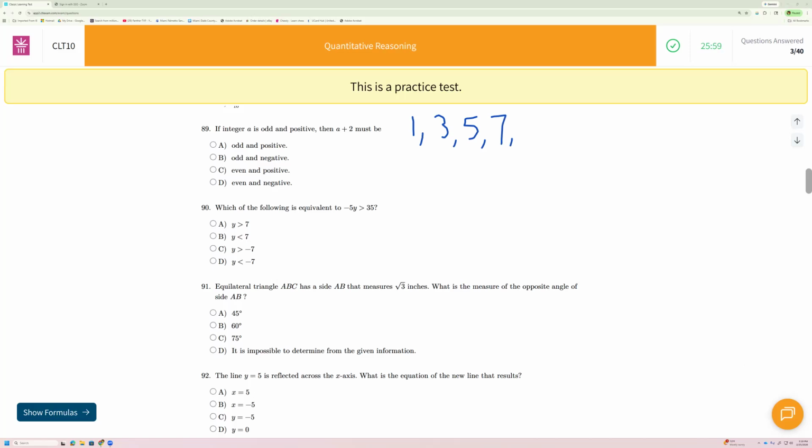What happens if we add 2 to the number? Let's say our number was 7. Let a be equal to 7. So a plus 2 is 7 plus 2, which is equal to 9, which is another odd, positive integer. So odd and positive is 8.